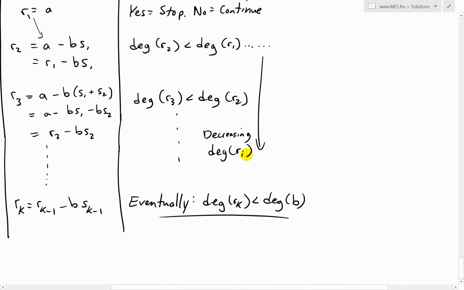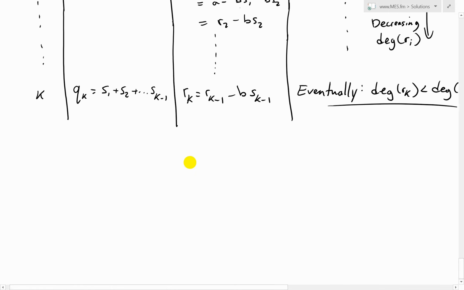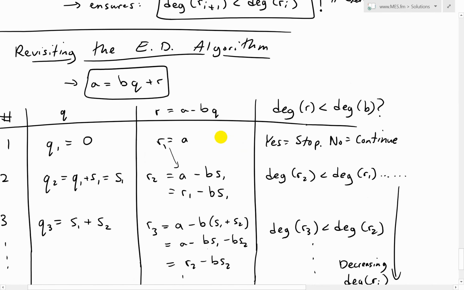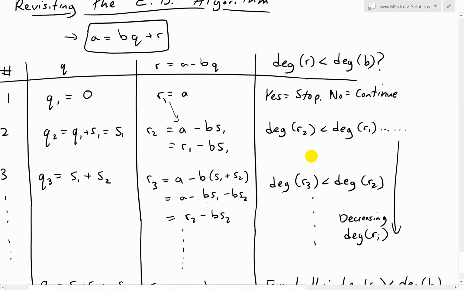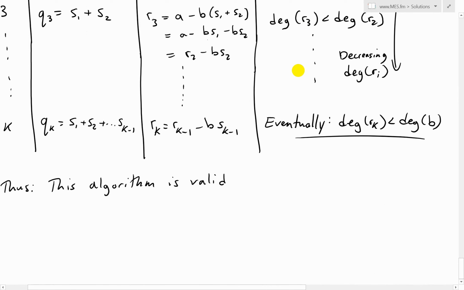So it keeps getting less and less, and eventually just less than the B over there. So then thus this proves, and I'll write, thus this algorithm is valid. And since it's valid, the theorem above has been taken into account the entire time, and the degree is always getting less and less, which will eventually get less than B.